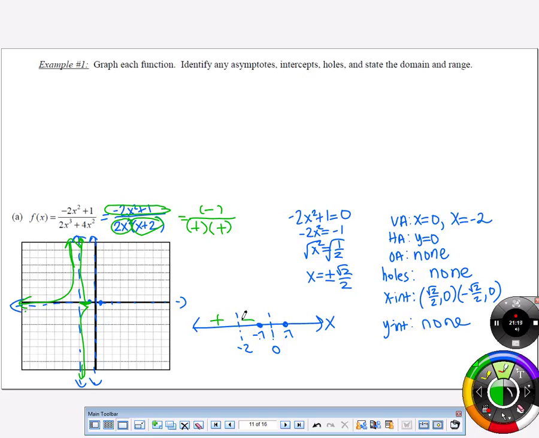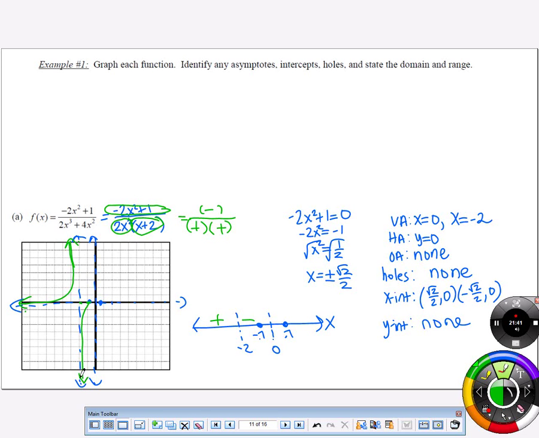The one I drew up here above the axis or the one from below the axis? Below, because the y values are all negative. Okay? So I'm just going to go along the asymptote and come up to that intercept.